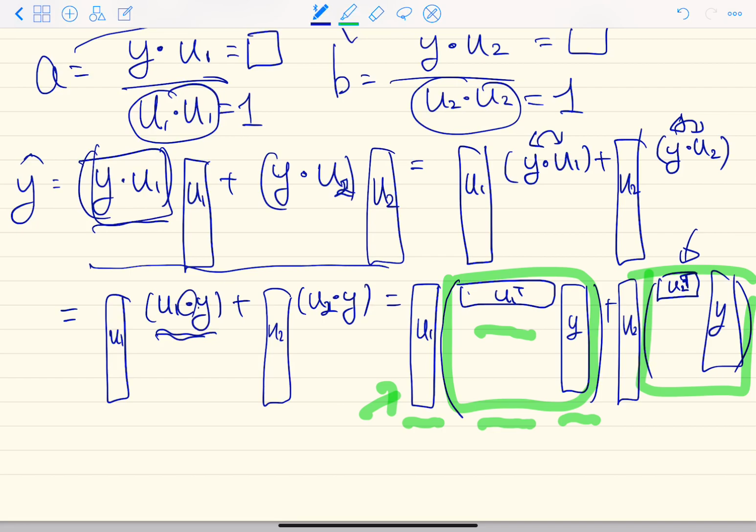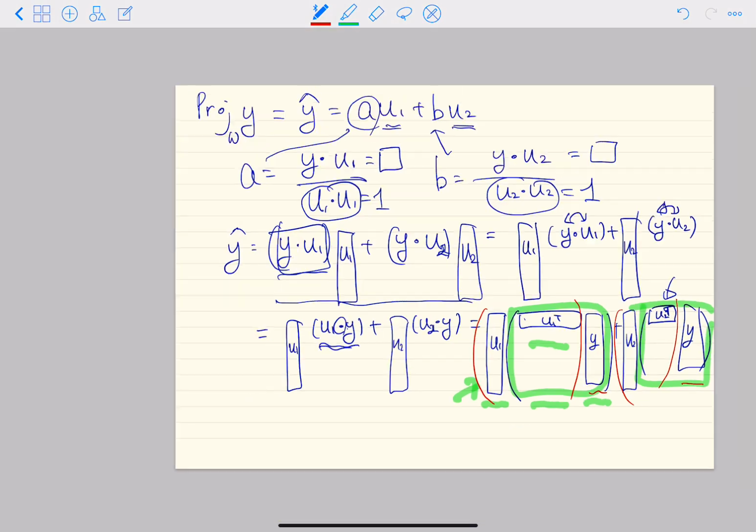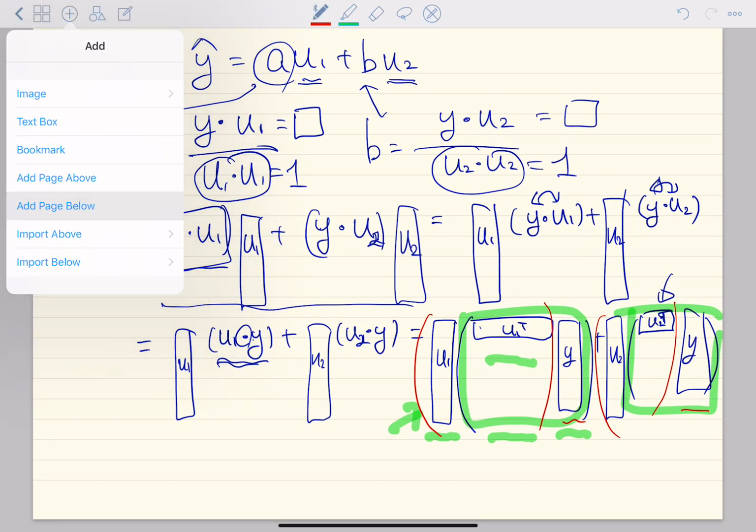And so now let's apply the associative law. So instead of using the blue parentheses, let's use this red parenthesis, okay? And then we have y in common in both terms, right? And then we can factor them out by using the distributive law.